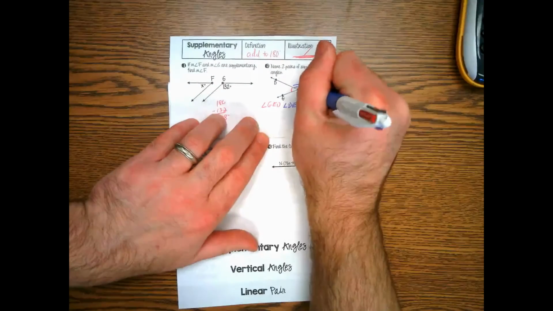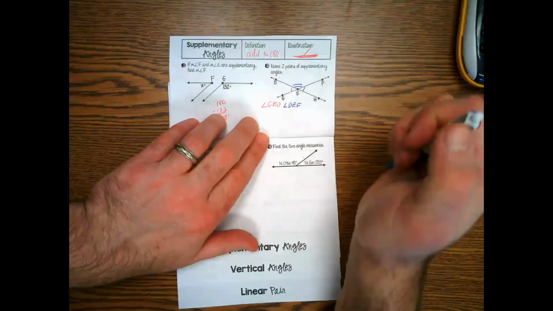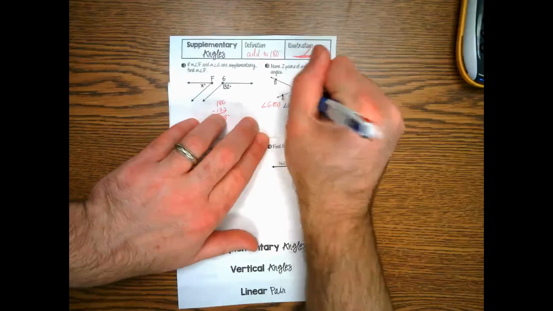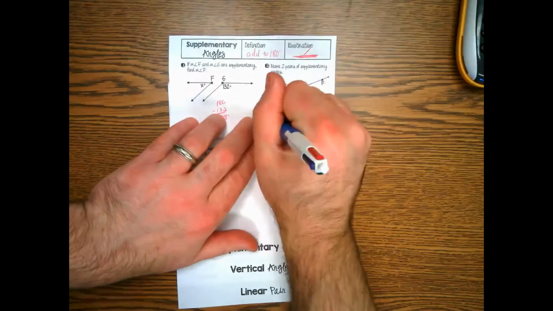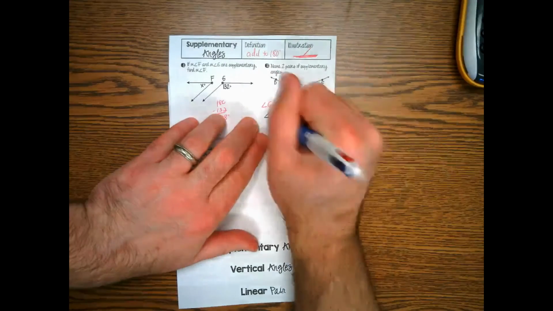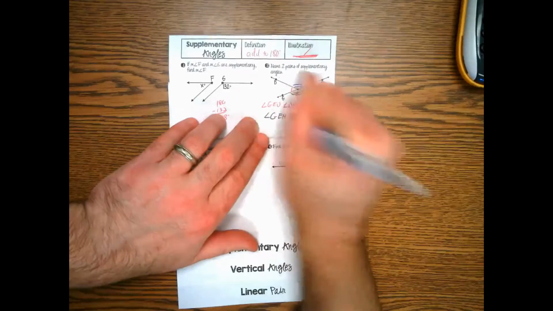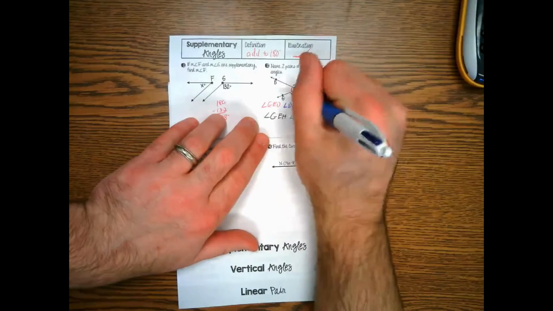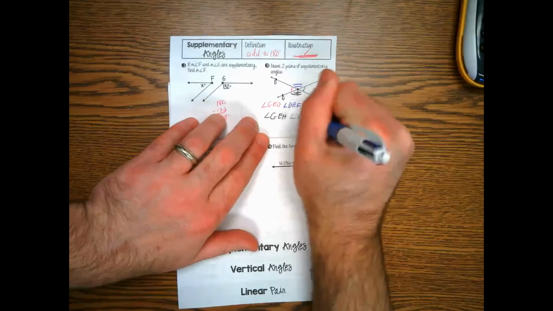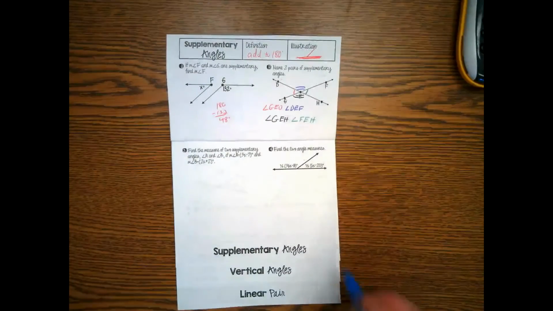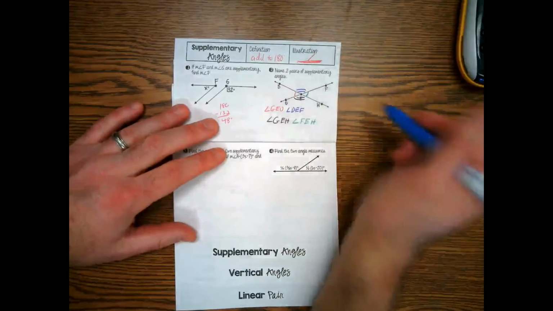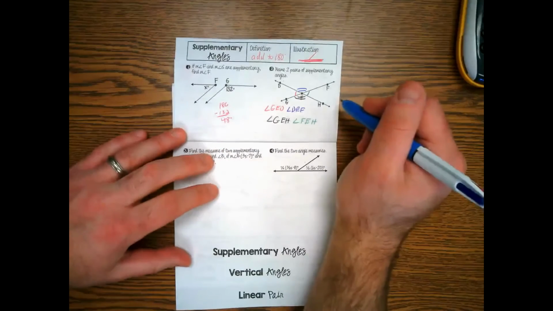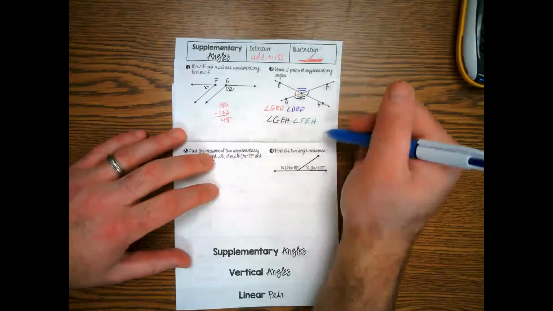I'm going to do this one here and this one here. So that would be angle GEH and angle FEH. Okay, they make straight lines. There's actually 2 more pairs, so 4 more angles that we could list.